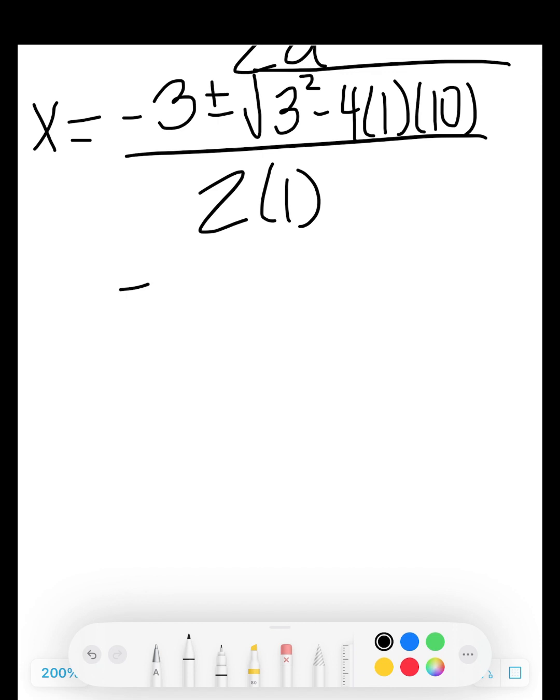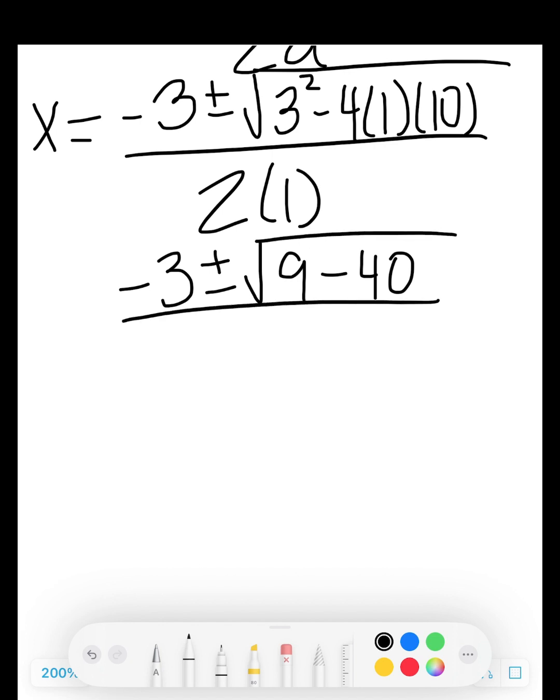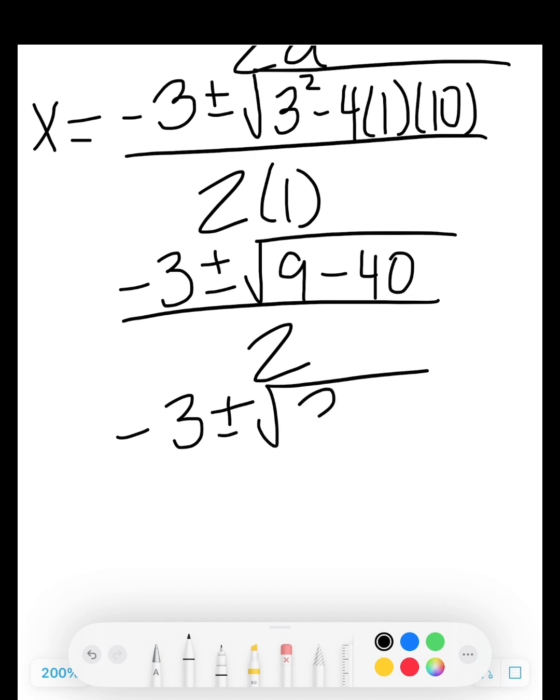So we have negative 3 plus or minus the square root of 9 minus 40 divided by 2. All right, and we are going to keep going even though we have a negative here. We have negative 3 plus or minus the square root of negative 31 divided by 2.